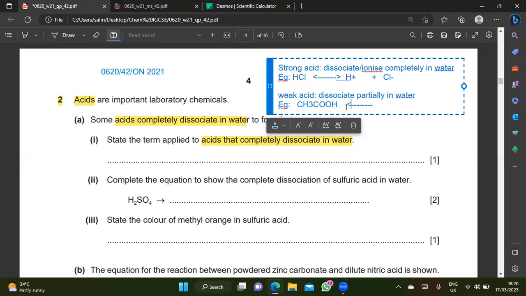One way of explaining this: if you have ethanoic acid and you want to separate it, what will happen? What is the ion that you will get? You will get the ethanoate ion, CH3COO-, and then plus hydrogen ion, H+. There you go.